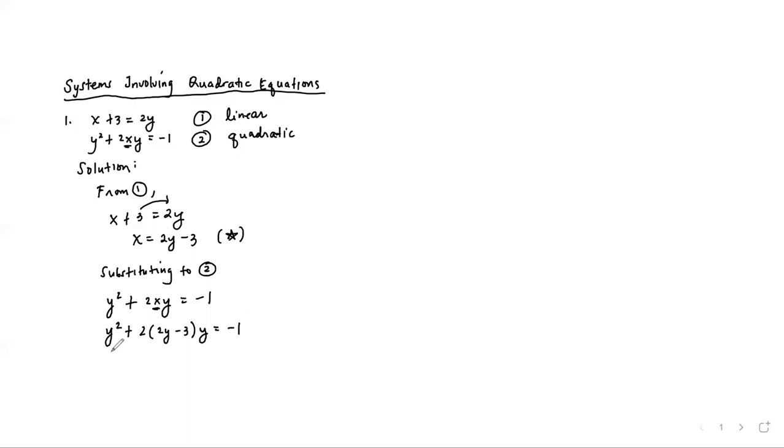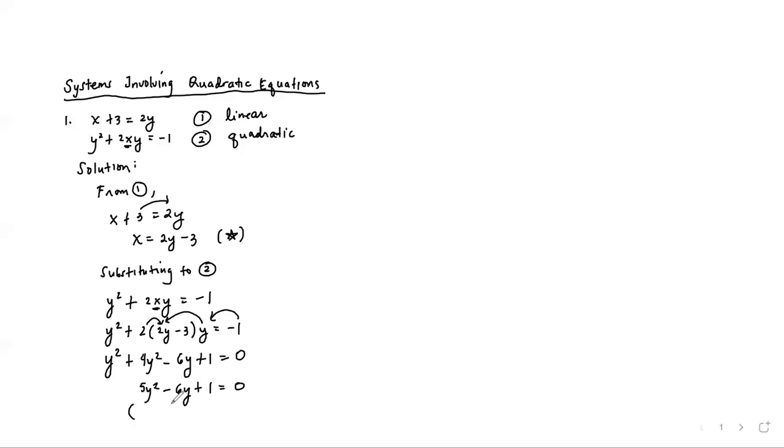So using algebraic manipulations, we have y squared, and then 2 and y will be distributed to both 2y and negative 3. So that will give us plus 4y squared minus 6y. And then the negative 1 at the right side will be transposed to the left side. So that becomes positive 1. And then the equation now is equal to 0. So this is now quadratic in the variable y. And combining like terms, we get 5y squared minus 6y plus 1 equals 0.